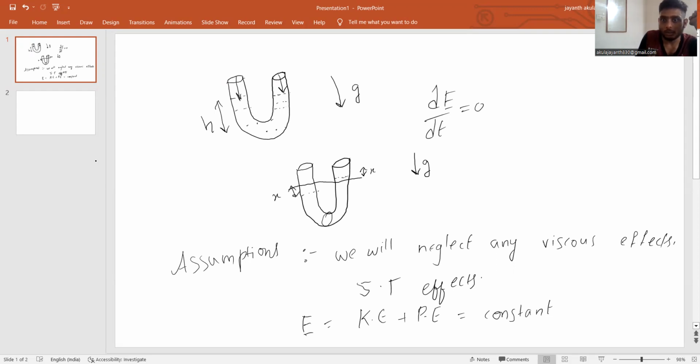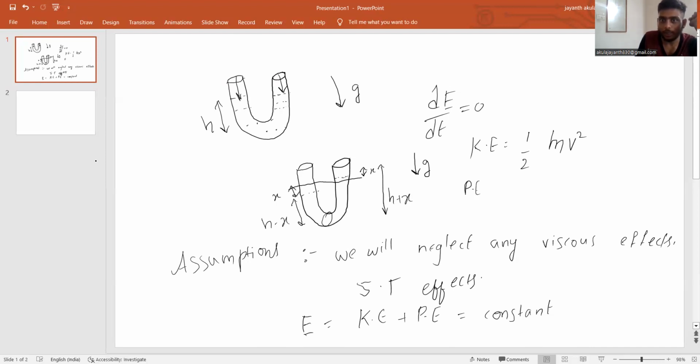Now we'll write what the kinetic energy is. The whole fluid will move with the same speed, right? So this is the kinetic energy. And what's the potential energy? This is h minus x now, and this is h plus x, right?